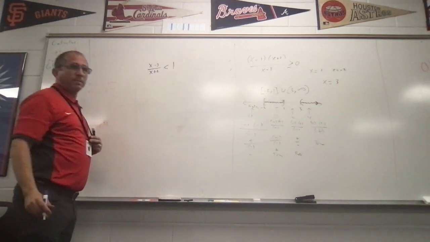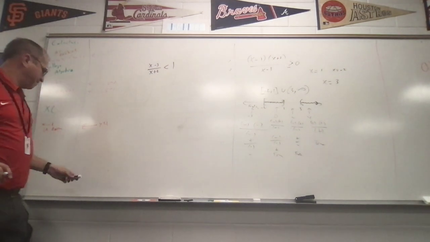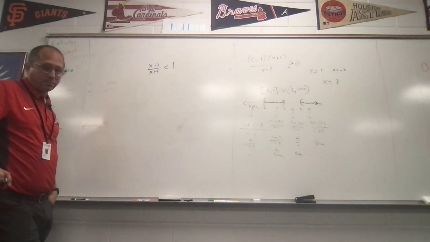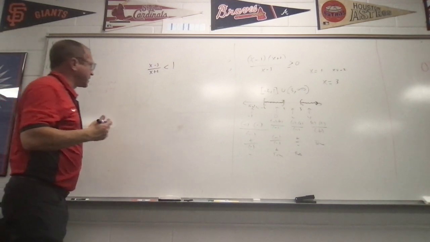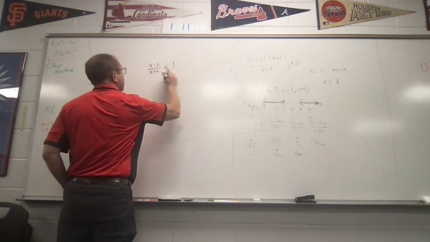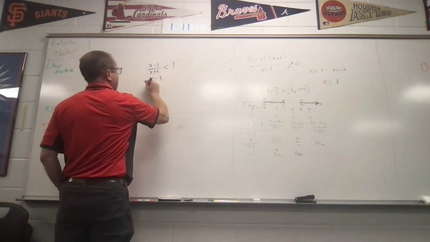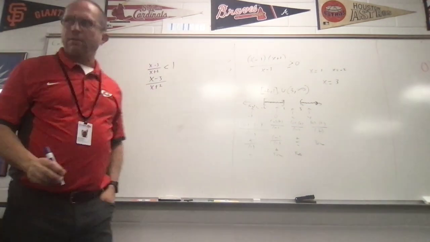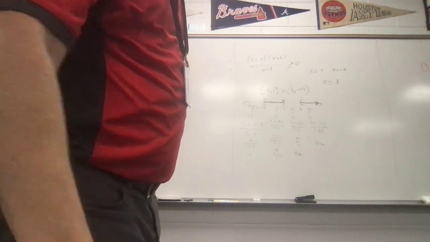All right. So this time I got x minus 3 over x plus 2 is less than 1. Okay. Now, I need to set it as a comparison to 0. So it has to be x minus 3 over x plus 2 minus 1.